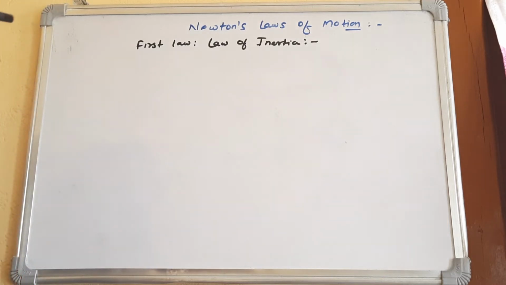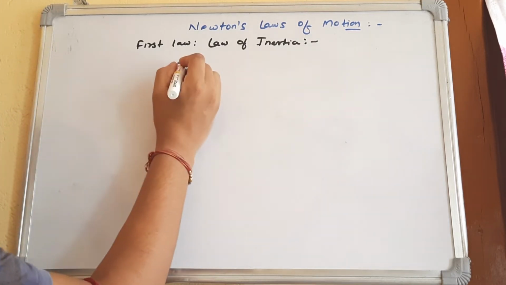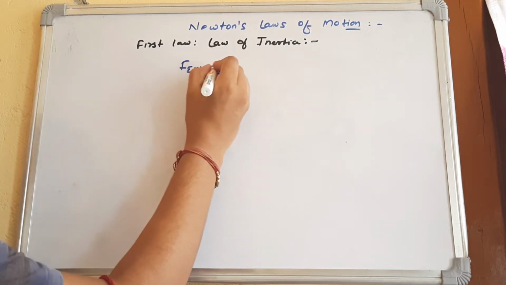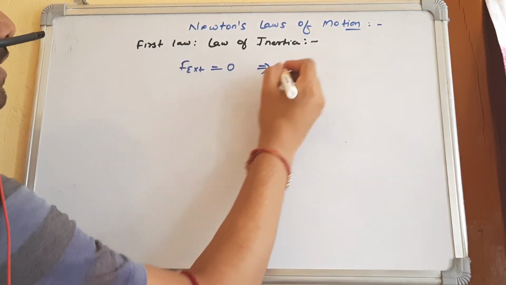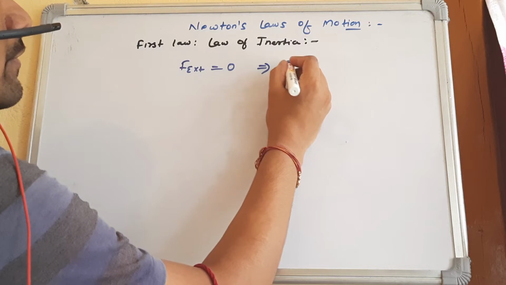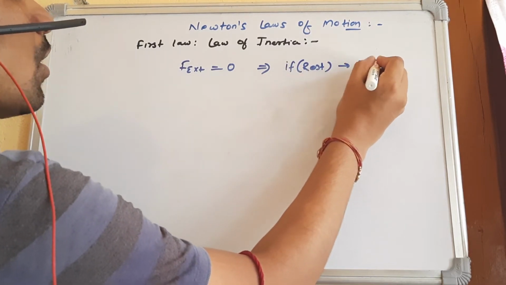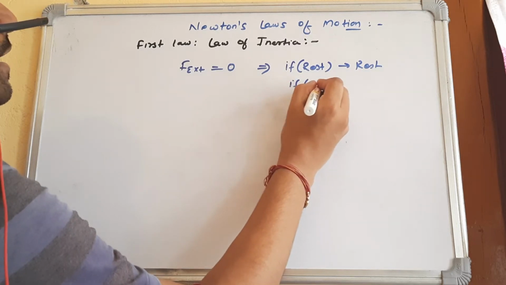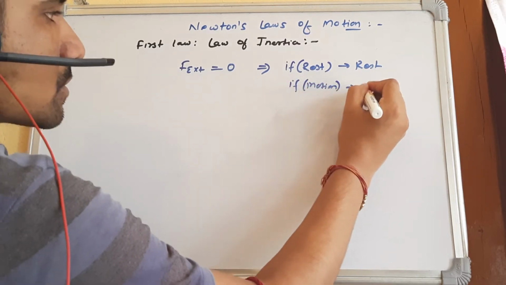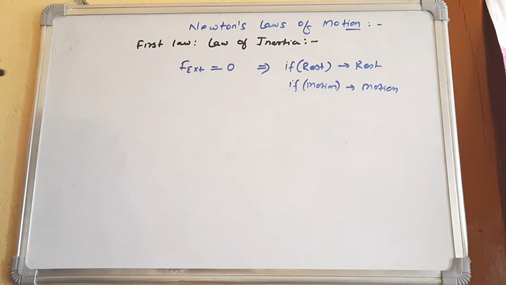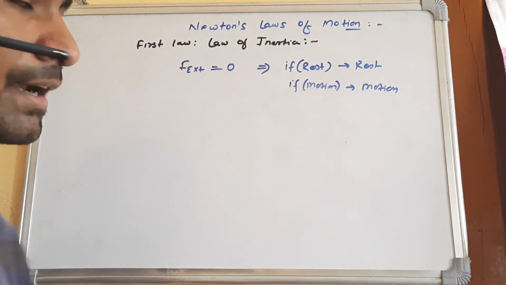So if I write mathematically, if external force equals 0, then if the body was at rest, it will be at rest, or if it was in motion, it will be in motion. This is what is called Newton's first law, right?